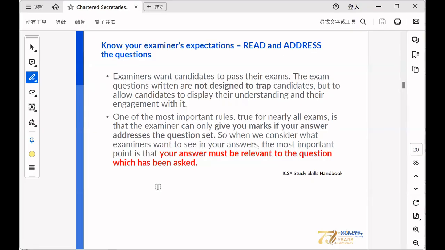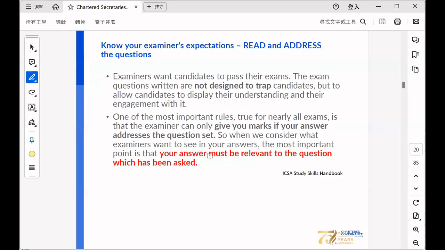Next would be the answers. As I've said in part A, the workshop earlier, some of the candidates did not read the question properly, and the answer is not what the examiner wants.